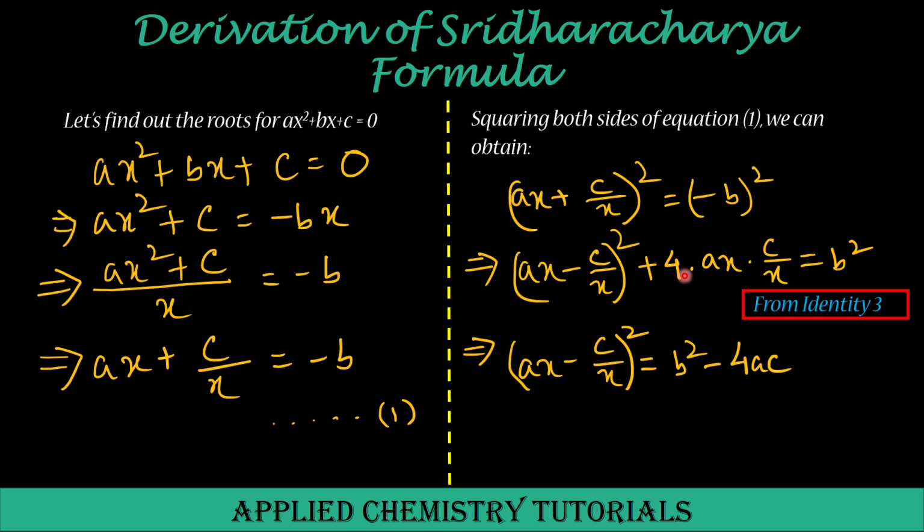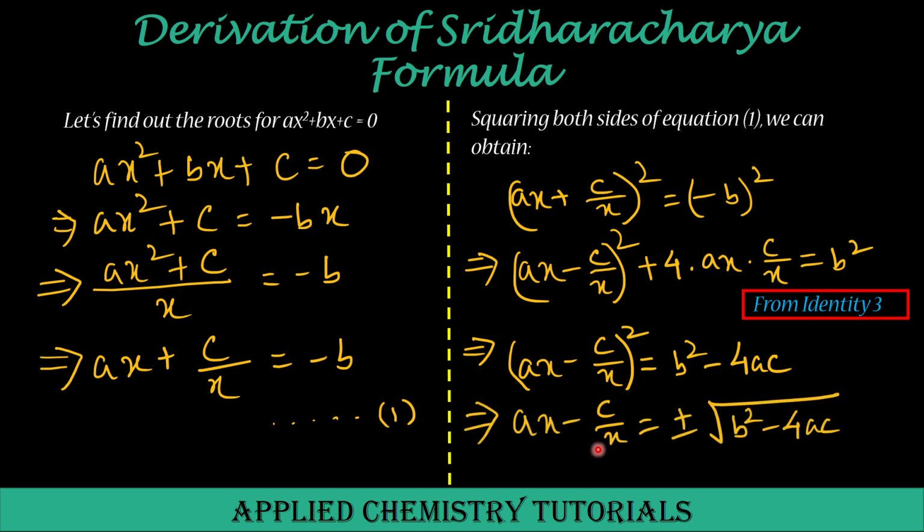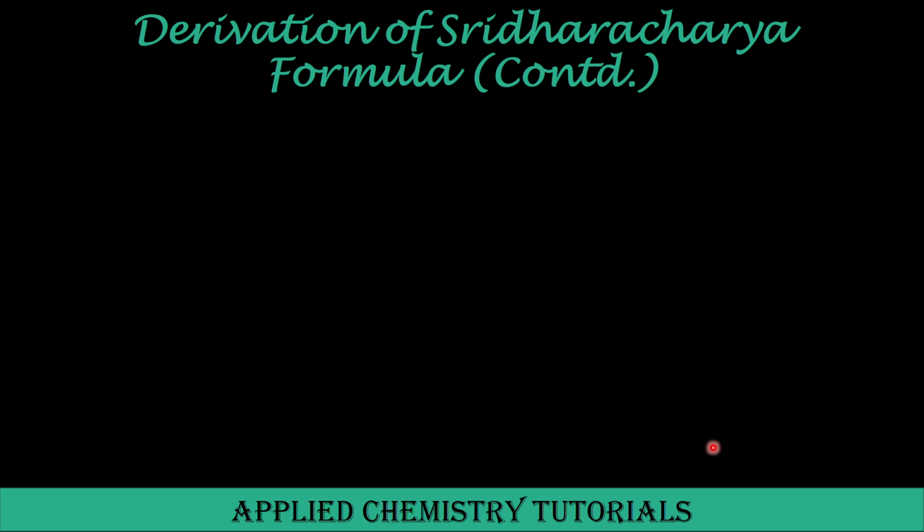So here x and x cancel out, so it remains only 4ac, and we are subtracting 4ac from both sides, so it remains as (ax - c/x)² = b² - 4ac. And from this, if we take the square root on both sides, we can have ax - c/x = ±√(b² - 4ac), and we are naming it as equation 2.